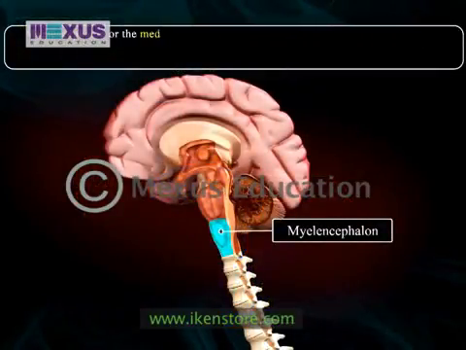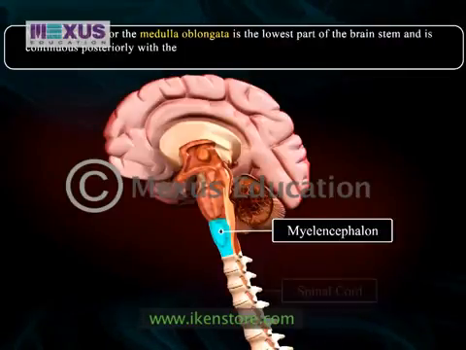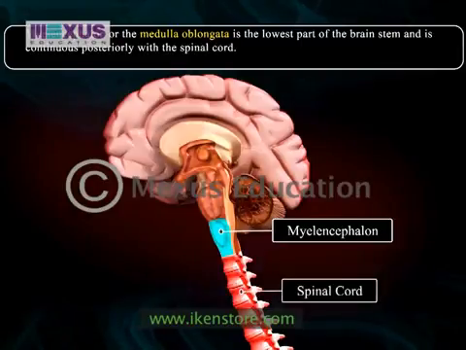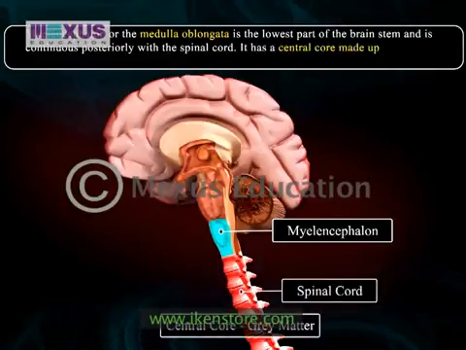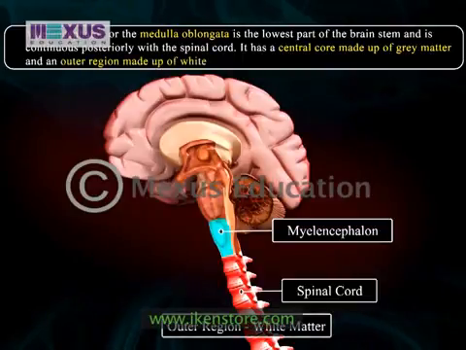Myelencephalon, or the medulla oblongata, is the lowest part of the brainstem and is continuous posteriorly with the spinal cord. It has a central core made of grey matter and an outer region made of white matter.